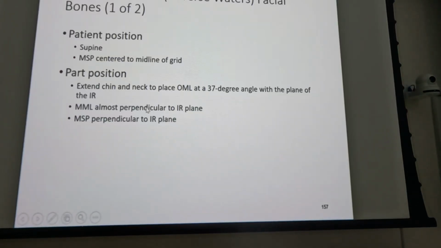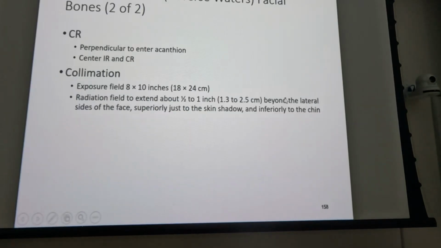If the patient can't get their head back that far, then you could angle your central ray, kind of like a Fuchs, to exit at the acanthion, or at the mental point. Yeah, I was going to have to default back to the peak of the chin. The mental point, thank you.